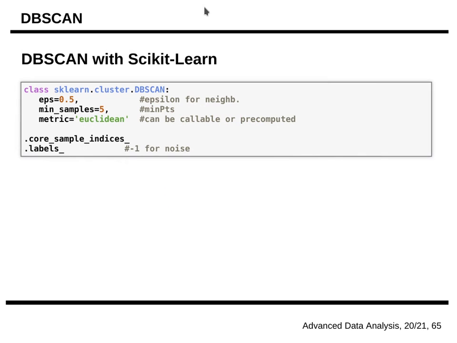To use DBSCAN with scikit-learn is very easy. You also have a DBSCAN class here. Basically, you need to specify the epsilon, the distance that defines the neighborhood, and the minimum number of points that you have for a point to become a core point. So it needs at least these neighbors to be a core point.